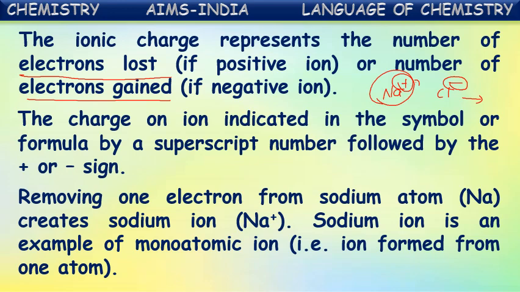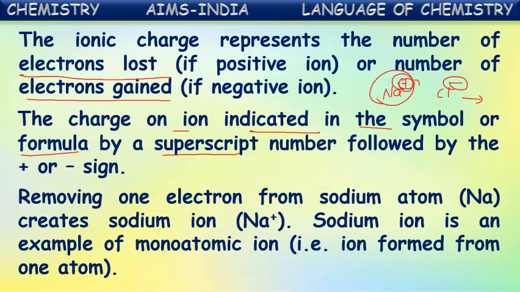The charge on an ion is indicated in the symbol or formula by a superscript. Superscript means we write it on the top right side. That is called a superscript, a number followed by positive or negative. How many electrons it is losing, that many positive charges, and how many electrons it is gaining, that many negative charges we keep in the superscript.